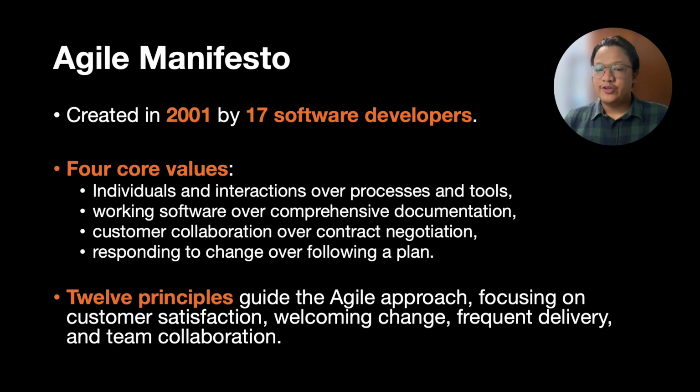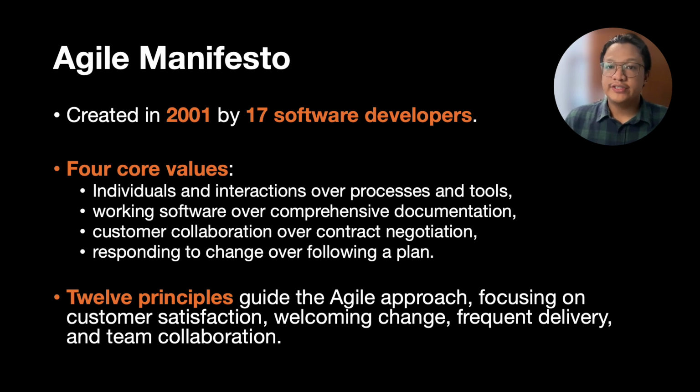The Agile also has its Agile manifesto. It was created back in 2001 by 17 software developers and has four core values, which are individuals and interaction over process and tools, working software over comprehensive documentation, customer collaboration over contract negotiation, responding to change over following a plan.